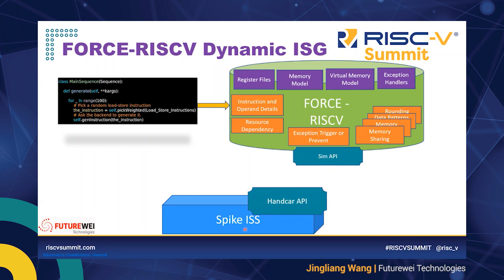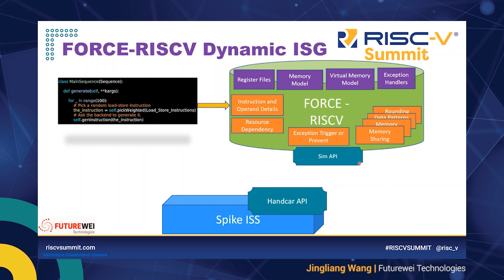We happen to pick Spike to use for the ISS shared library, and because Spike doesn't have an API interface, we actually put in an API called the Handcar API.